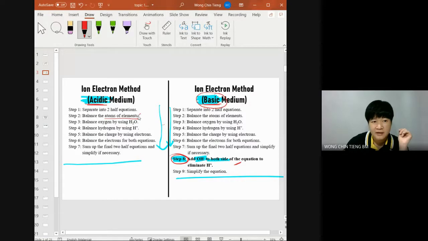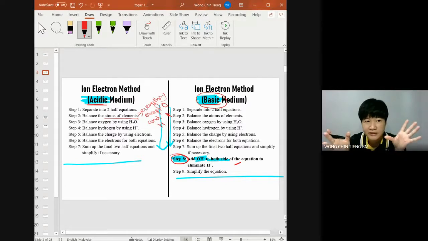Nak senang, everything, basically you're going to balance everything except oxygen and hydrogen. So the step 2 over here is actually you're going to balance everything except oxygen and hydrogen. Senang cerita.